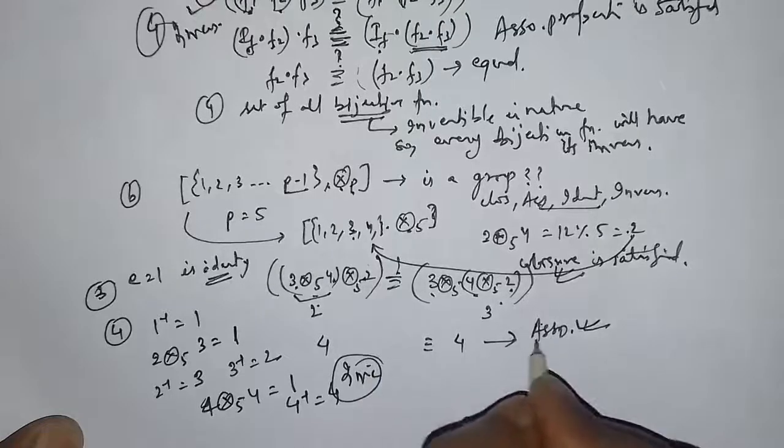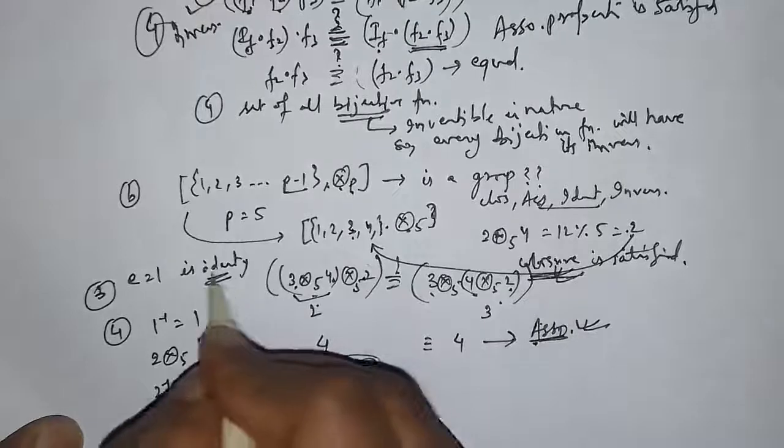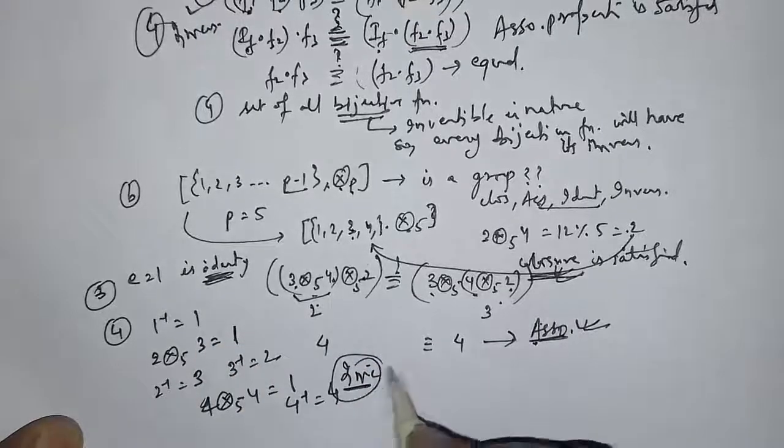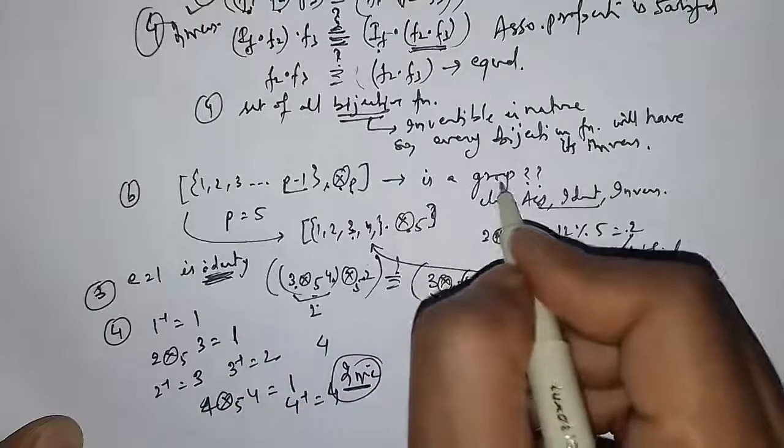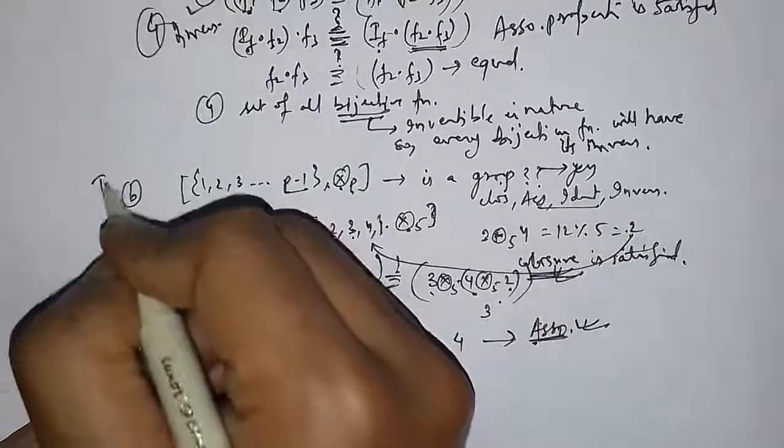All four properties, associative, closure, identity, inverse are satisfied, so this is a group. Yes, option B is also true.